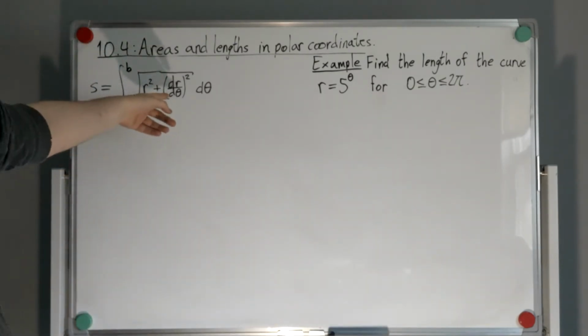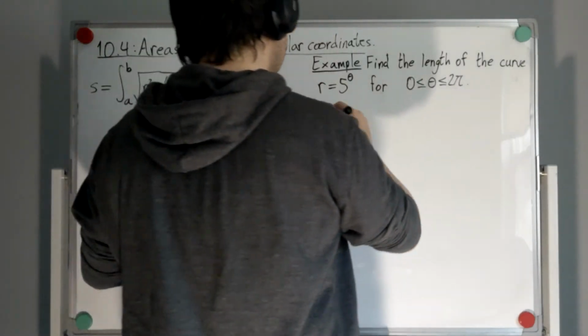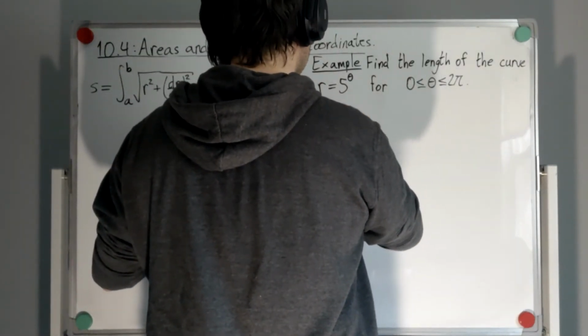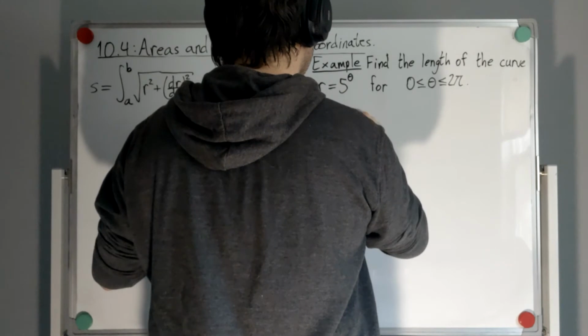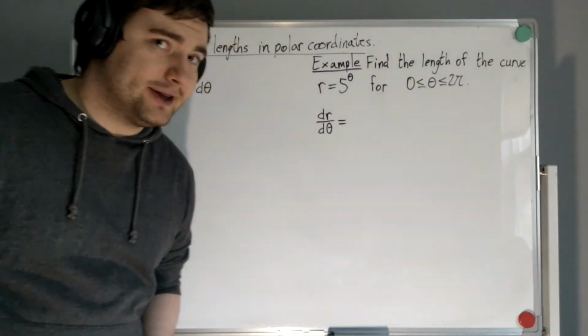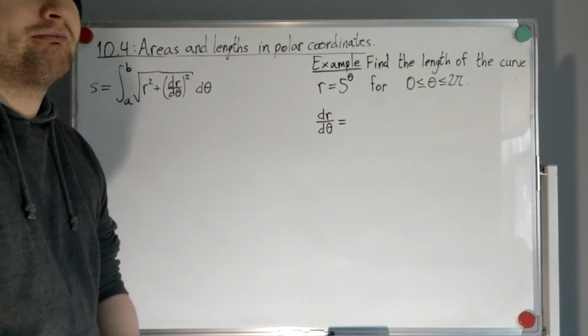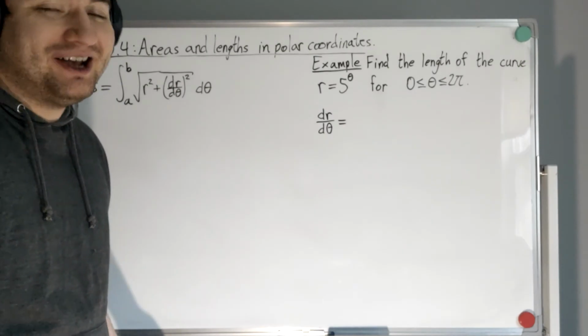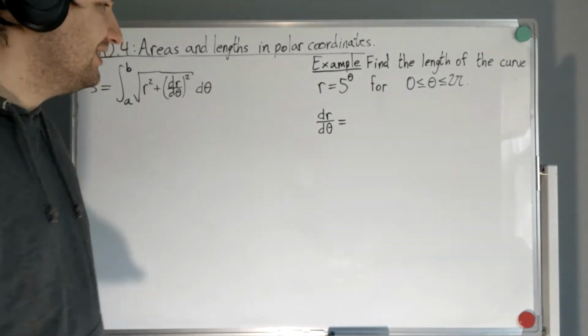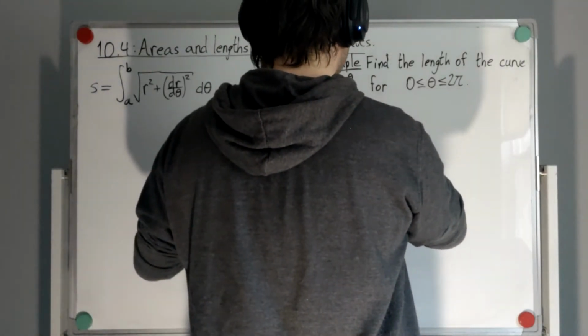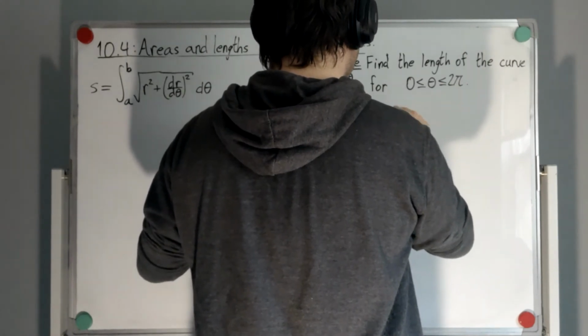So we're going to need dr d theta. All right, so dr d theta, that's the derivative of 5 to the theta power, which, as you may or may not remember from Calculus 1, turns out to just be 5 to the theta times the natural log of 5.